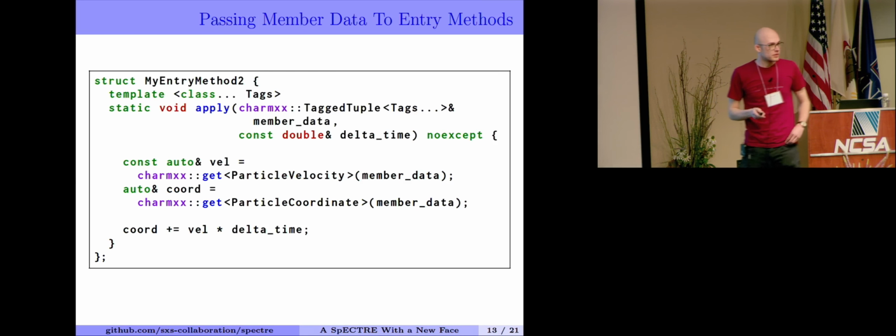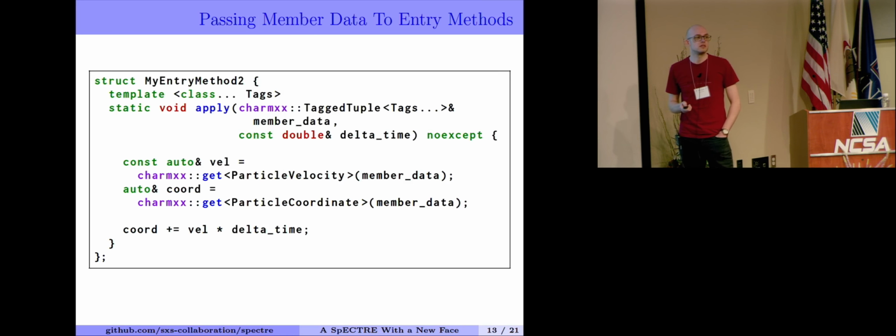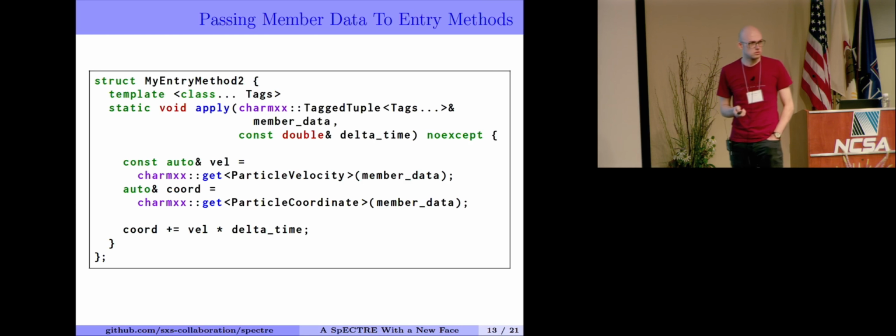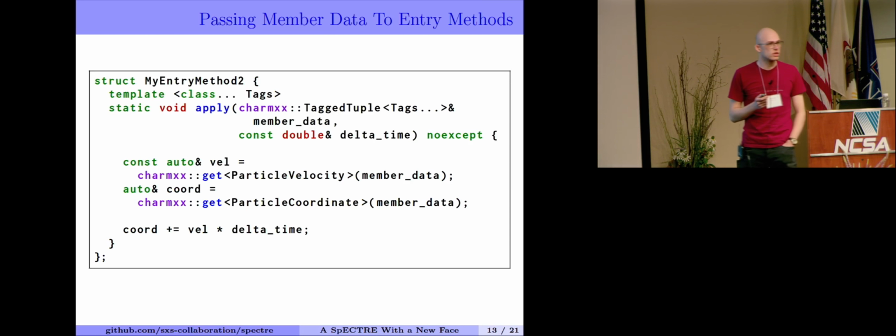But note that this is roughly making the user write what the translator generates. This is where you're saying, if you get this, then call this method, especially if you pass in the tag of the object. Of course, you're getting compiler type checking. That's true. But no, this is not code that is currently generated by Charm++.